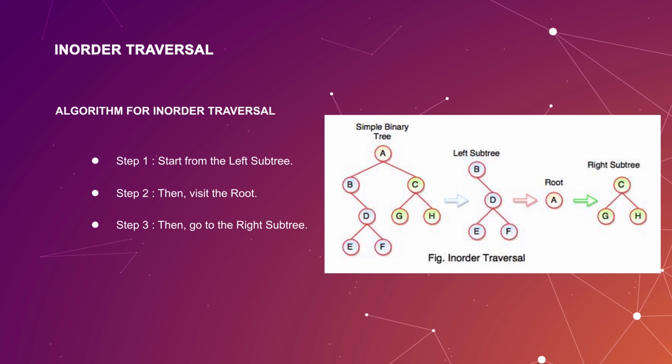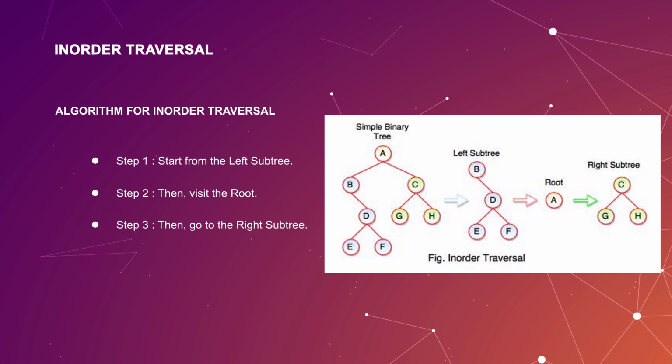We fix our pointer at B and cross check whether a left child is available or not. B does not have any left child, that is why we write B, and we shift our pointer to D. Before writing D, again we cross check whether D has a left successor or not. Here it has a left successor, so we shift our pointer to E. Again before writing E, we cross check whether E is a leaf node or not.